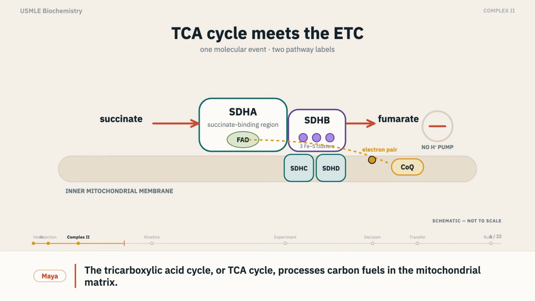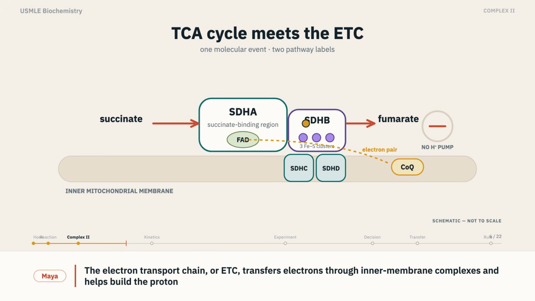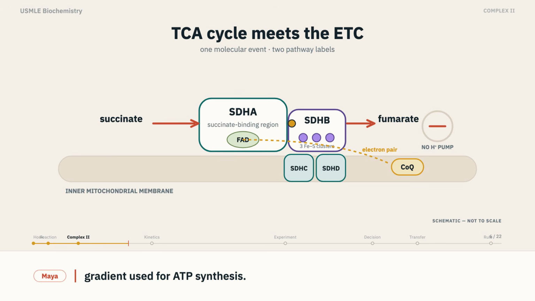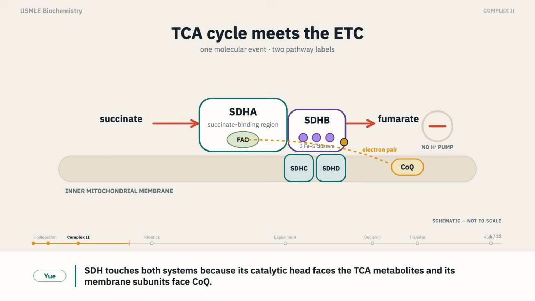The tricarboxylic acid cycle, or TCA cycle, processes carbon fuels in the mitochondrial matrix. The electron transport chain, or ETC, transfers electrons through inner membrane complexes and helps build the proton gradient used for ATP synthesis.